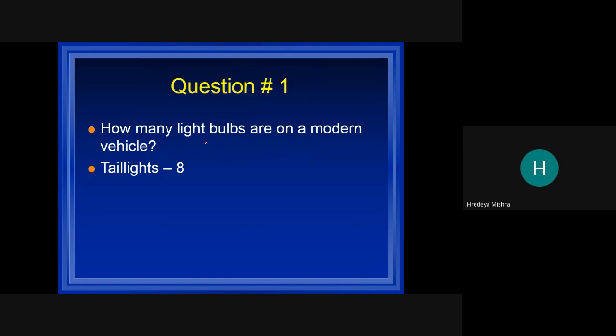8 tail lights, 6 front lights, and on the sides, 4 are used. 15 lights or bulbs are used in the interior, inside the car.